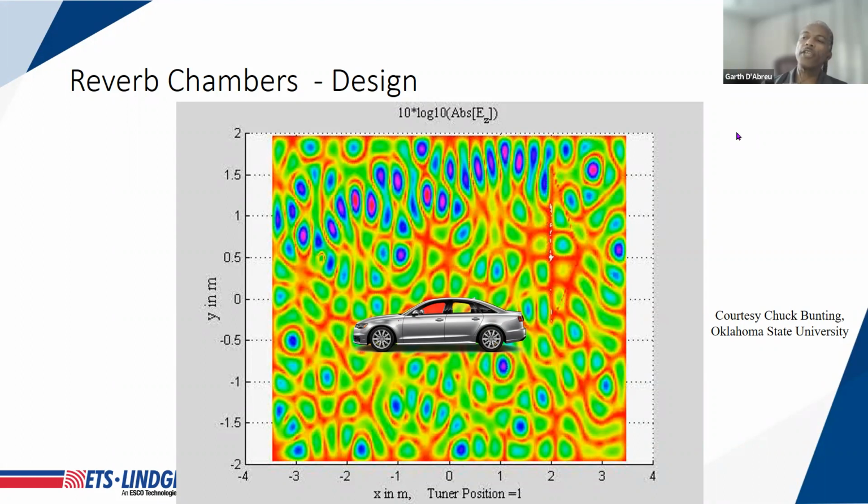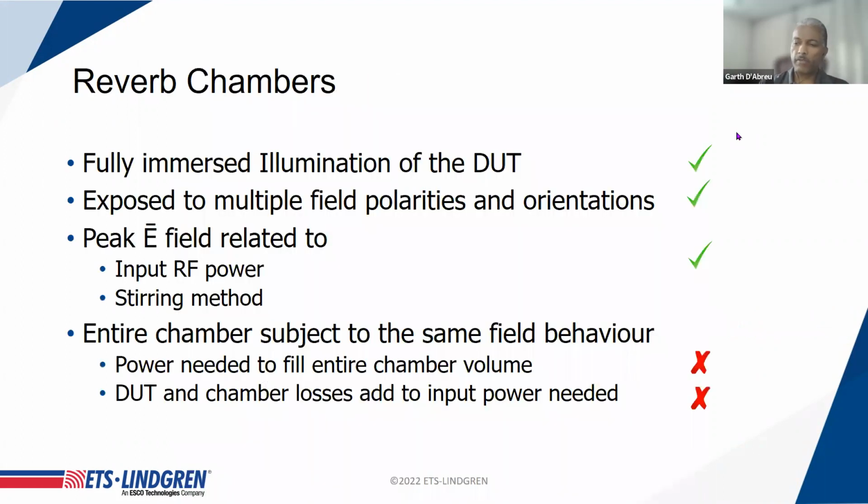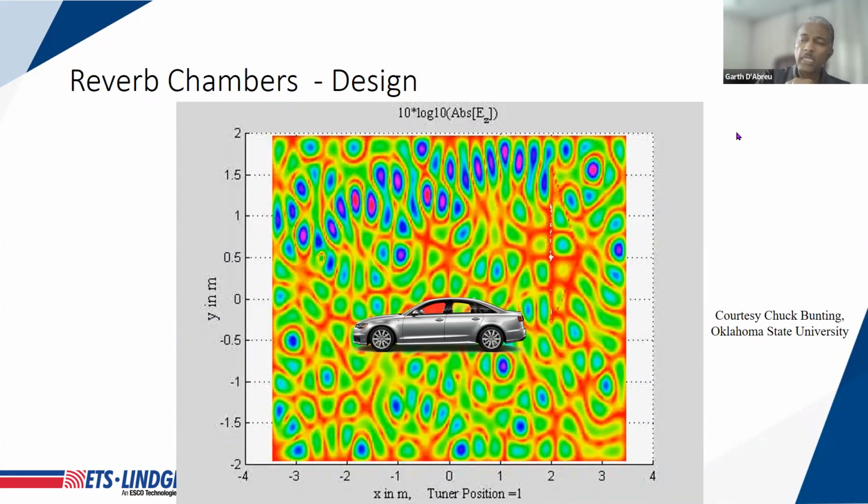And another degree of flexibility in the standard is the extension in operating frequency range. We all know that reverb chambers are really usable above a frequency where you have overmoding of the cavity. What this new standard will do is provide guidance on how the resonant cavity of the reverb chamber can be used even at frequencies below where it's reverberant, below where you have adequate modes for stirring.